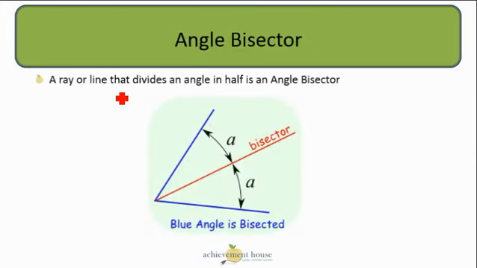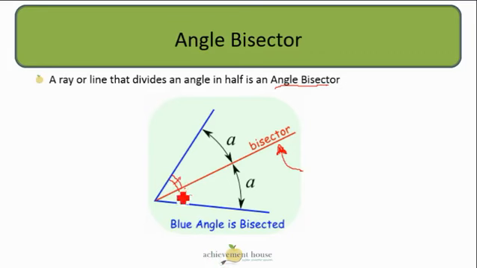A ray or line that divides an angle in half is what we call an angle bisector, which you see right here. Now when I say divides it in half, it means that it takes this big angle and then divides it into two congruent angles. So these two angles will have the same measure, and that tick mark just means that they're congruent.